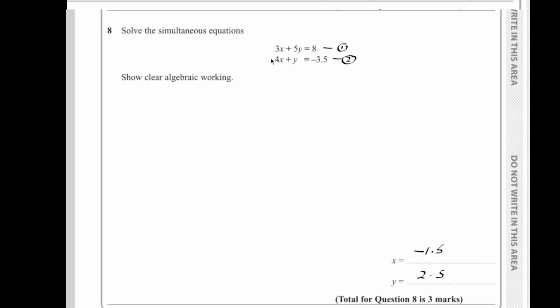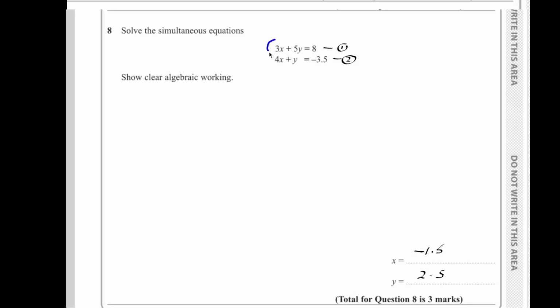Therefore, we need to match the coefficients at the very first step. There are other methods, but I'm teaching this one. This method works for any two types of simultaneous equations. There's no time to teach everything here. Whatever question you get under simultaneous equations, you can apply this one.